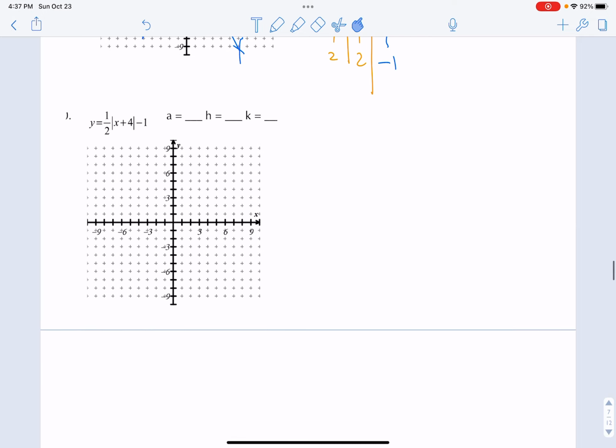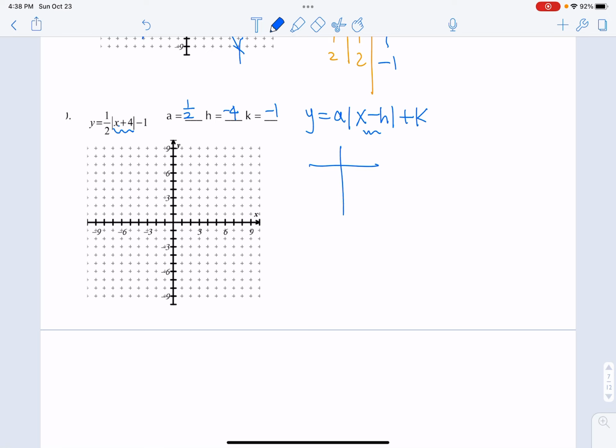And the next one, the graph looks like a value of 1/2, and then it moves left 4 and down 1. Since the transformation function is a|x - h| + k, you have to express it as a negative h, but this one has x + 4, so the h value should be -4.